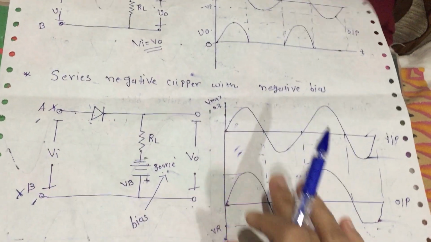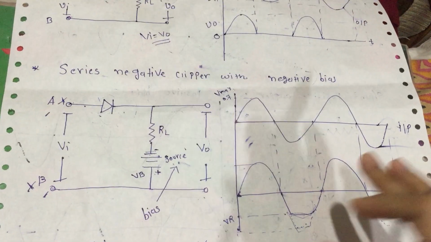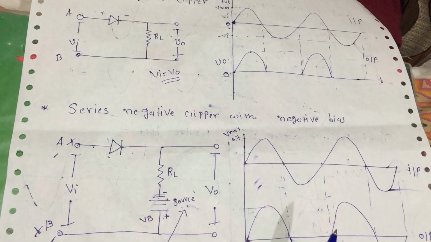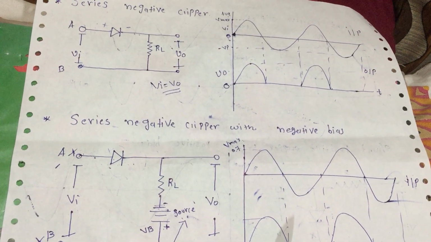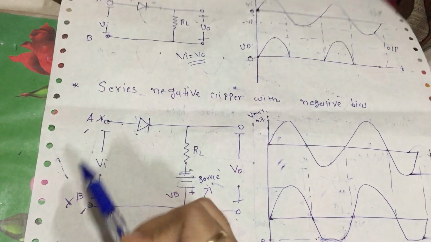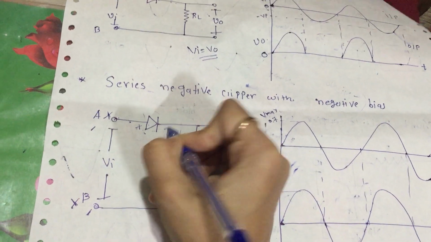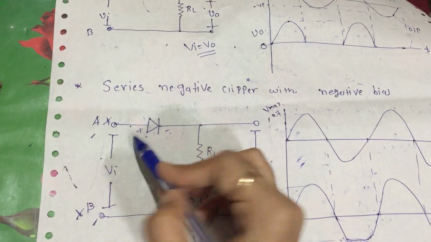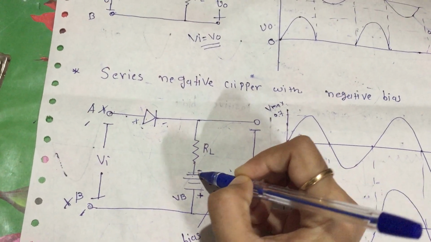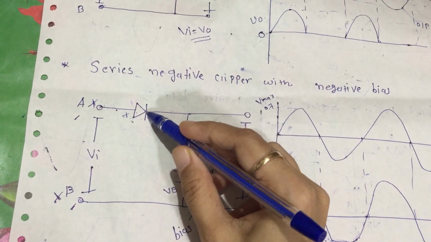Now we see the series negative clipper with negative bias. As you can see here, A is positive with respect to B. This is the anode, this is the cathode, so the diode becomes forward biased. This is also the negative terminal of the battery, connected to the cathode.